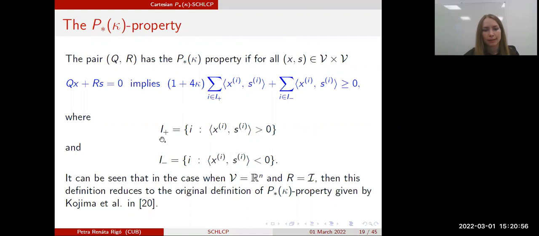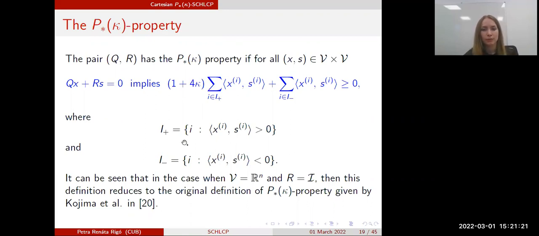So I plus contains those indices for which this inner product is strictly positive, and I minus contains those i for which this is negative.